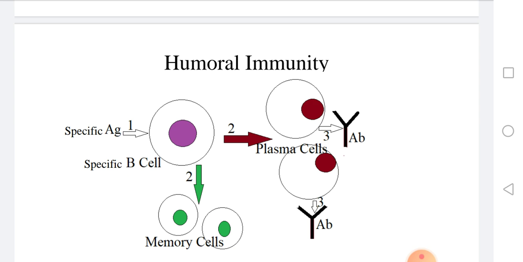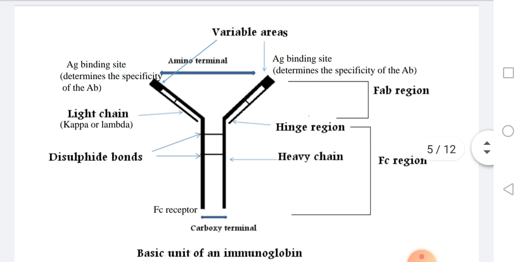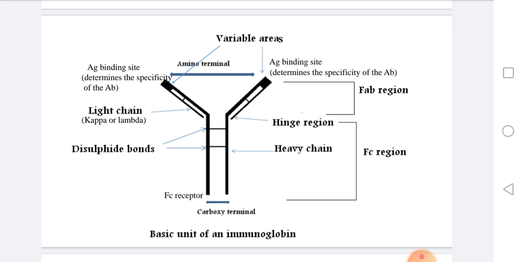These cells, their function is to produce and secrete antibodies. There are 5 classes of antibodies. They are so named according to the name of the heavy chain. This is the basic unit of an immunoglobulin.